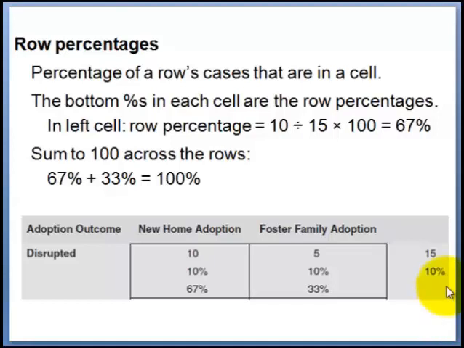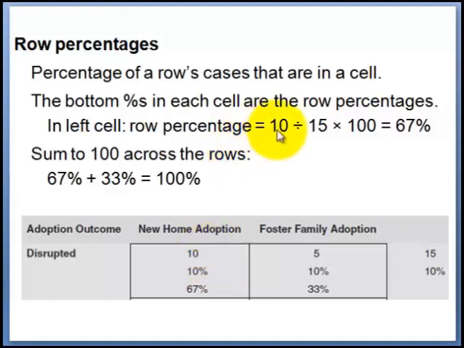So here's a look at row percentage, the percentage of a row's cases that are in a cell. Where, for instance, does this 67% come from? Where does this cell's row percentage come from? Well, we have 15 cases in the row. 10 of those cases are in the new home adoption cell.